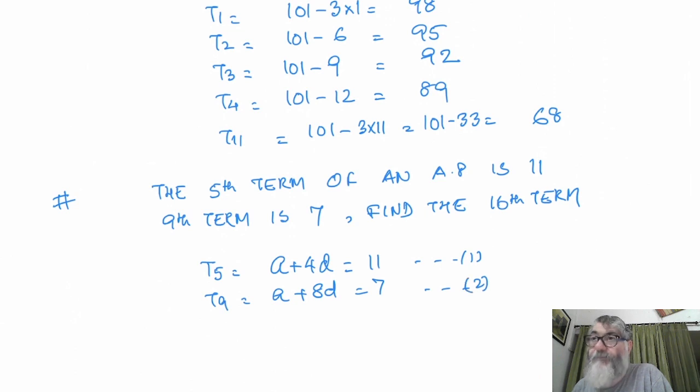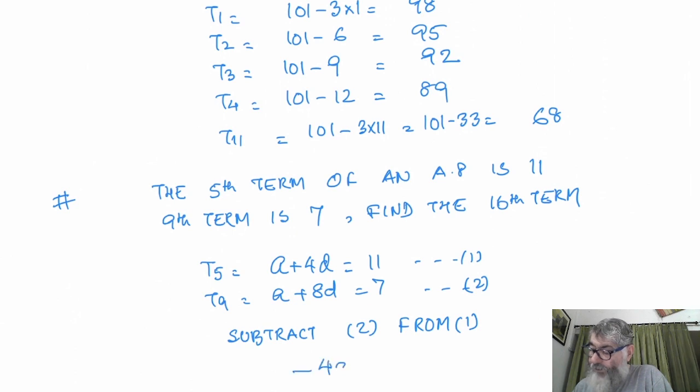Equation 2. Subtract 2 from 1. When you subtract 2 from 1, A will cancel. Minus 4D is equal to 11 minus 7 is 4. So D is minus 1.